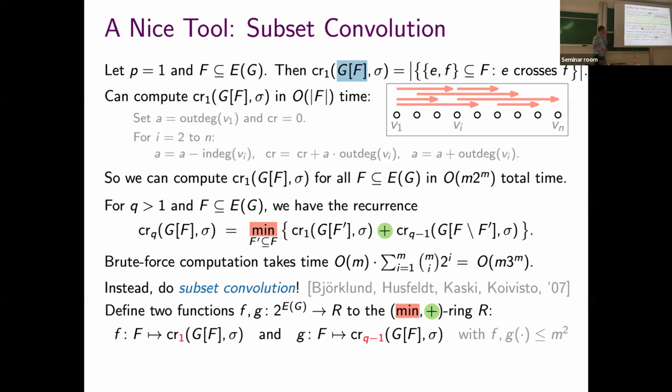So one has the crossings on one page and the other one has the crossings on Q minus 1 pages.